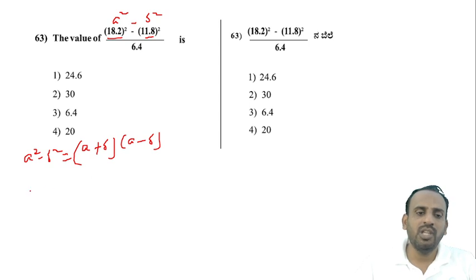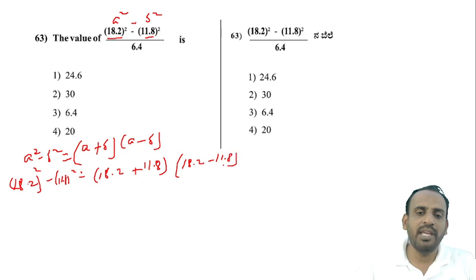Okay, so now we have a square as 18.2 whole square minus b square as 11.8 whole square. So a will be 18.2 plus b is 11.8. Same way, 18.2 minus 11.8.